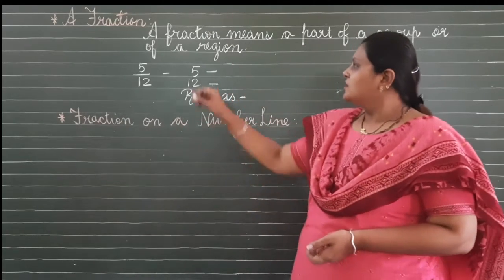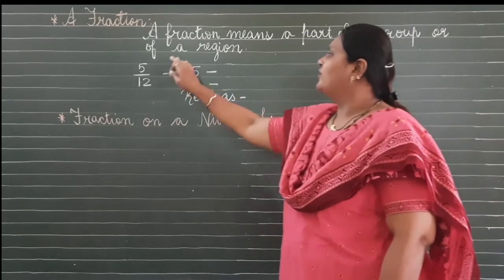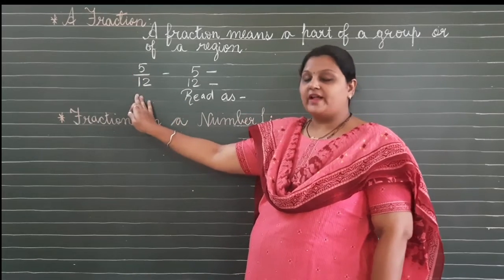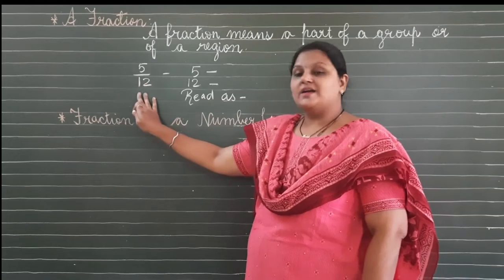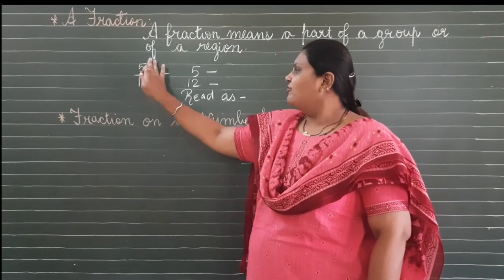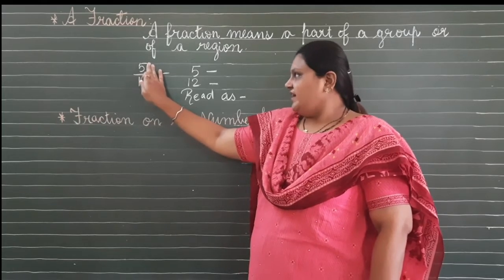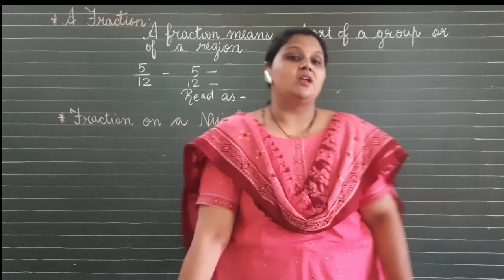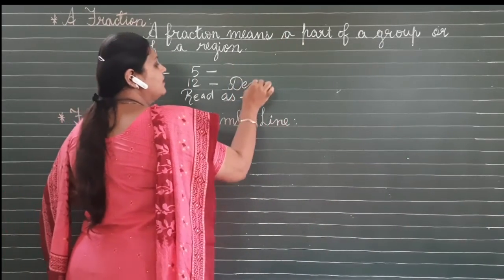Now, a fraction means a part of a group or of a region. For example, 5 upon 12. Here, out of one object, total 12 parts are there and 5 parts are represented. So, 5 is called numerator, 12 is called denominator. Out of 12 parts, 12 is the denominator.